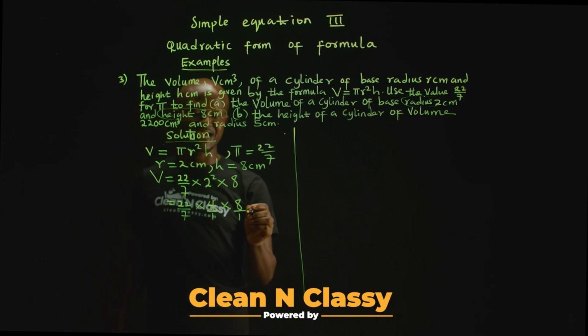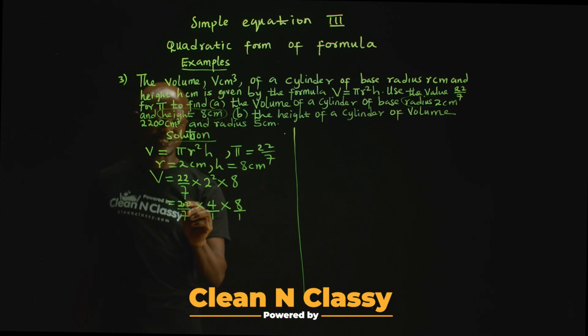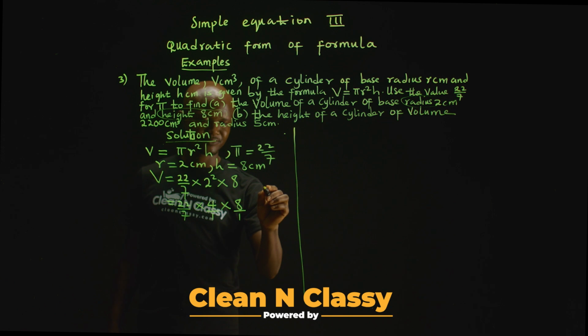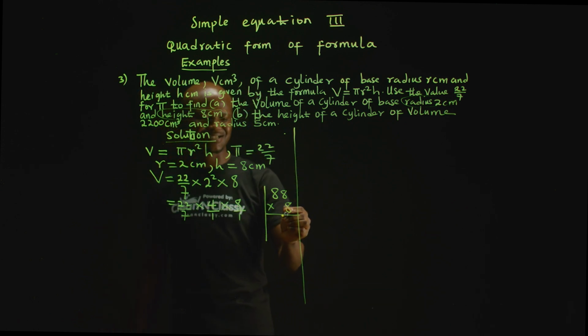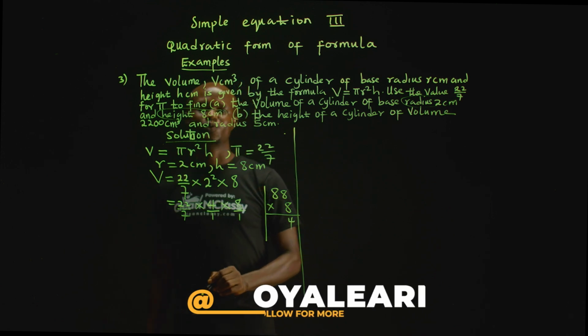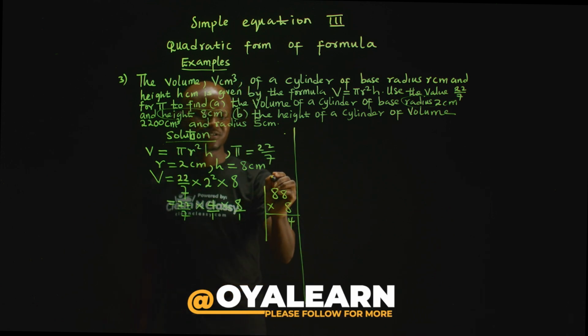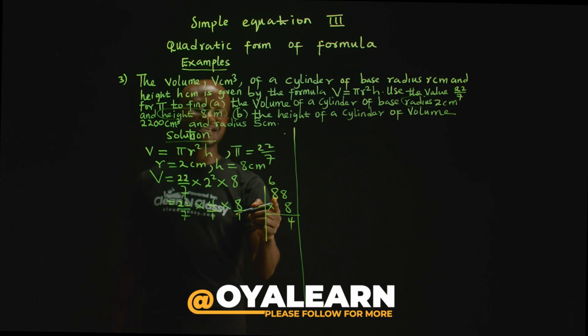And 88 times 8. Let's multiply out 88 times 8. That should give us 704. 8 times 8 is 64. We write 4, we carry 6. Now 8 times 8 also is 64.